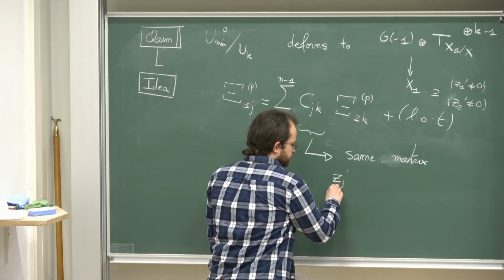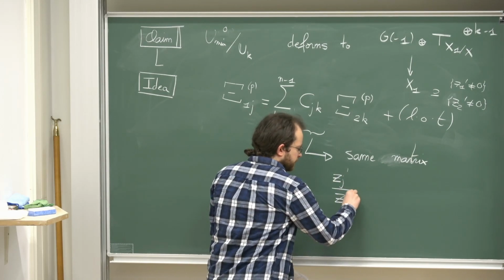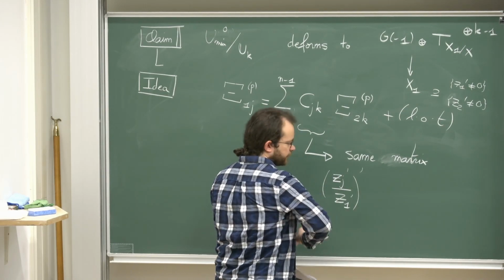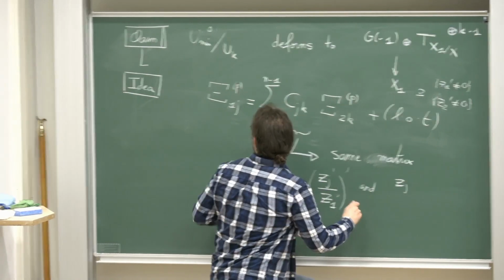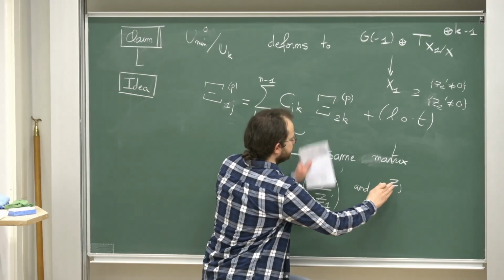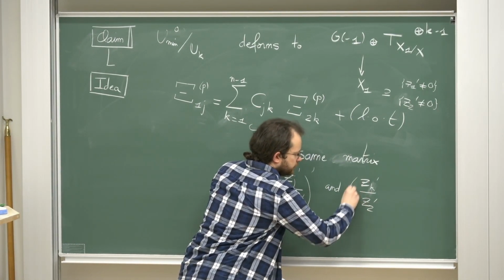Namely, the change of coordinates between zj prime divided by z1 prime and zk prime divided by z2 prime.